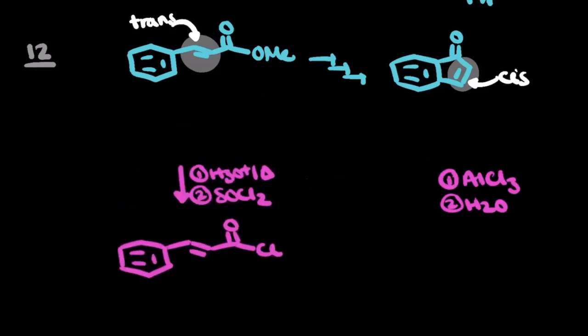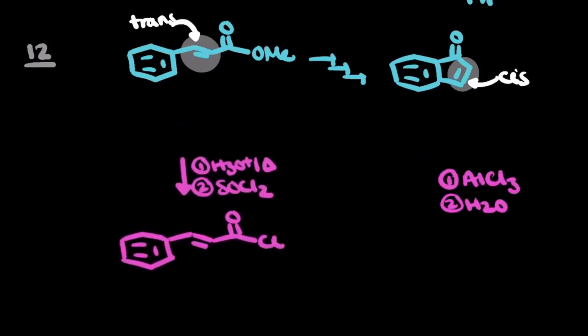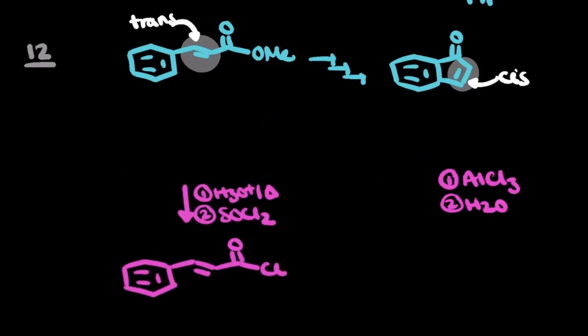I guess before we even hydrolyze the ester, what do you think we should do? Do H2, Pd/C. Yep, H2, Pd/C to just get rid of it. We can make it again later.